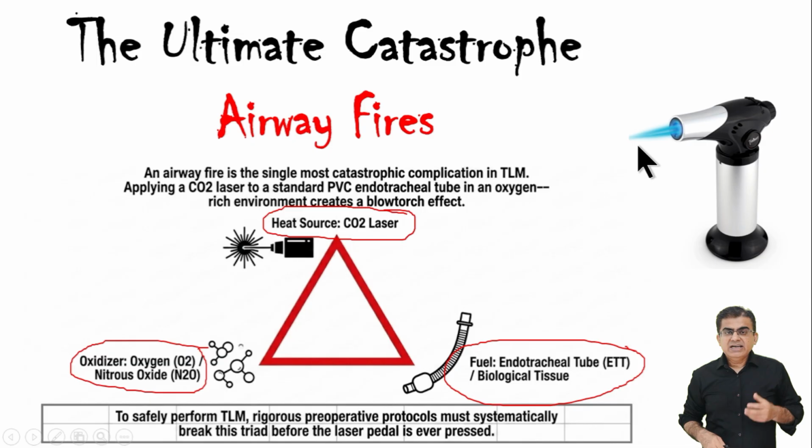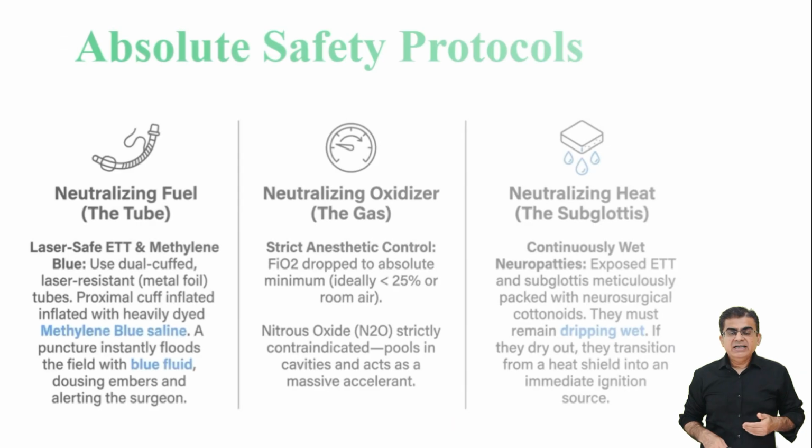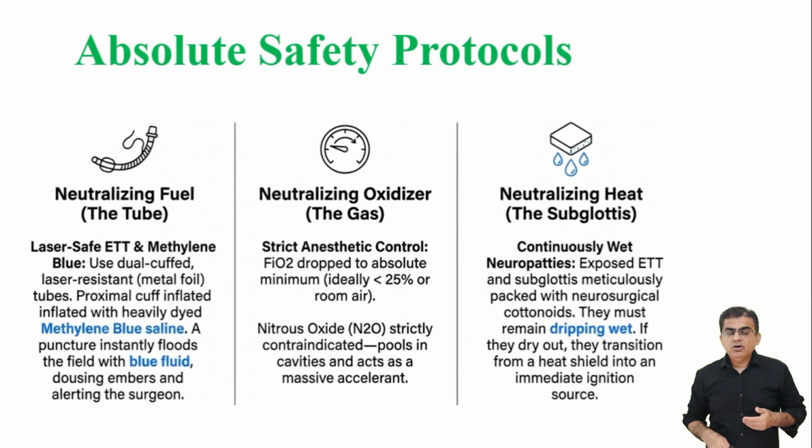Therefore, we must strictly follow rigorous safety protocols before the surgery begins. We must systematically break this deadly triangle before you ever press your foot on the laser pedal. Let us look at exactly how we safely break this deadly fire triangle in the operating room.